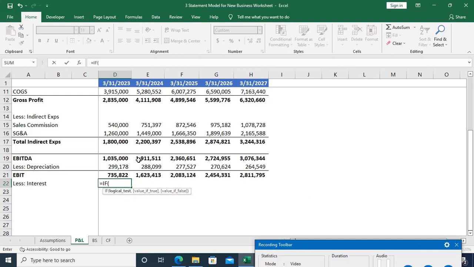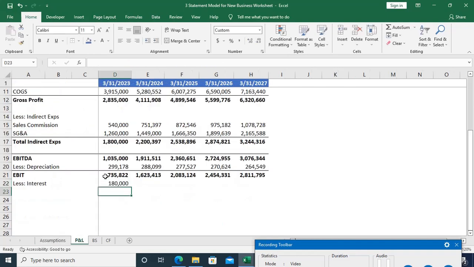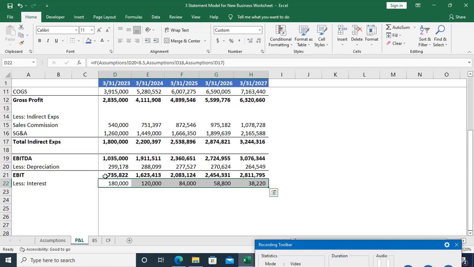So IF this is less than 8.5, if it is less than 8.5, then this interest we will have to pay, or else we will be paying this interest. Press enter, Shift, Control R. Now wait, let me explain a few things.